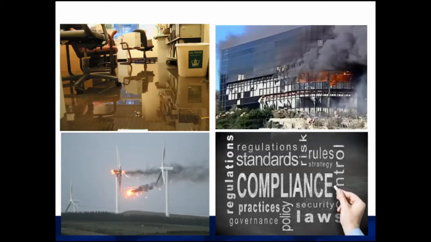We can see just these 4 pictures, for example: flooding, fire, and this one, which commonly happens in wind farms. You may be a bit surprised that, from some perspectives, regulation, standards, compliance, government law, and government policy can also be considered risks to assets.